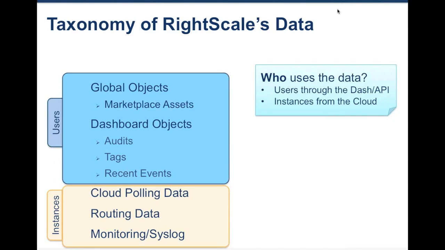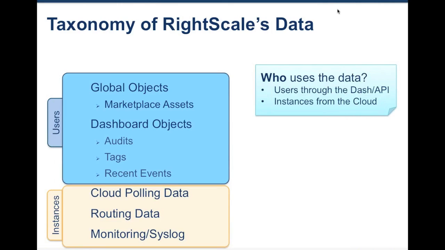Global objects and dashboard objects have to be close to the users. However, the instance polling data from the clouds, the routing data that instances require, and the monitoring data have to be close to the instances. Now, monitoring data is a special case because instances produce it, but users probably consume it. But it's better to put the producer close to the data, because for the massive amount of data that is generated, it's more efficient to do it that way.